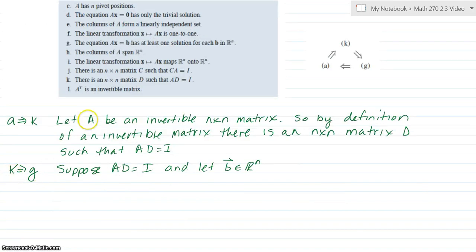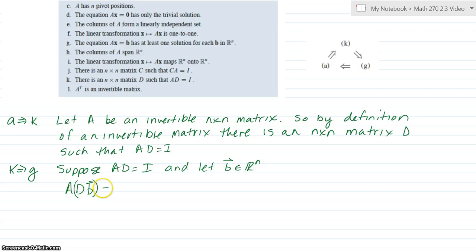So suppose we have K, that AD equals I, and let's let B be in Rn. What we're going to do is something a little weird. We're just going to look at the equation ADB. It's like an AX.